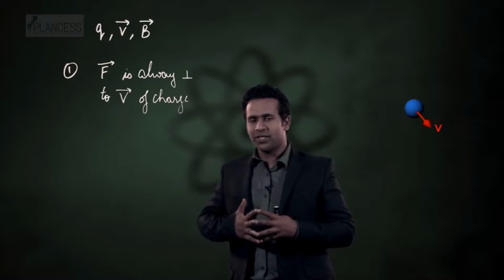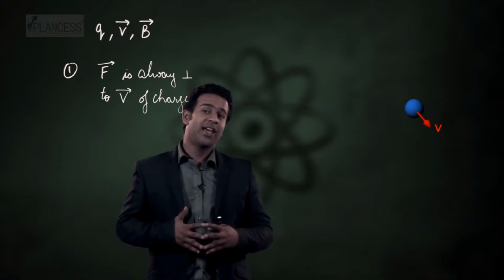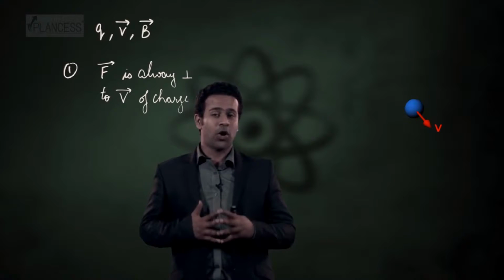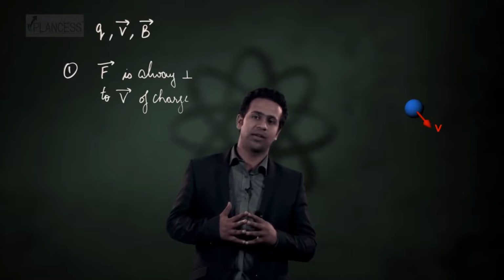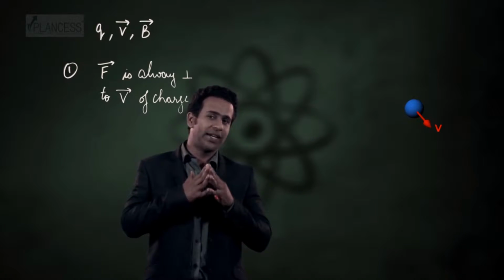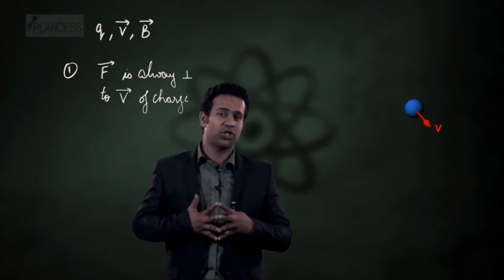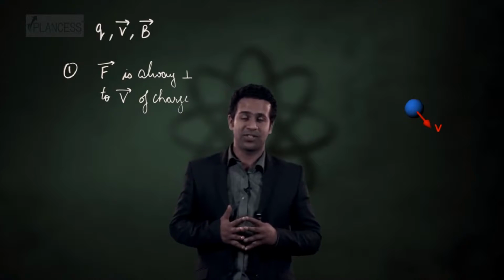Can you think of a case where such a thing happens? Remember circular motion? We saw a similar thing happens whenever a particle goes in a circle. Its velocity is always perpendicular to the direction in which it experiences force. So you could keep that in mind while picturing this.